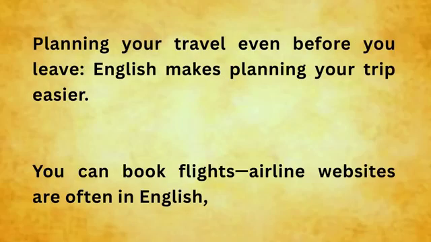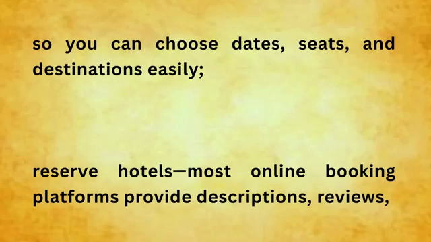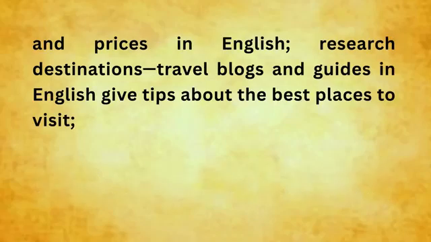Planning your travel even before you leave. English makes planning your trip easier. You can book flights. Airline websites are often in English, so you can choose dates, seats, and destinations easily. Reserve hotels. Most online booking platforms provide descriptions, reviews, and prices in English.